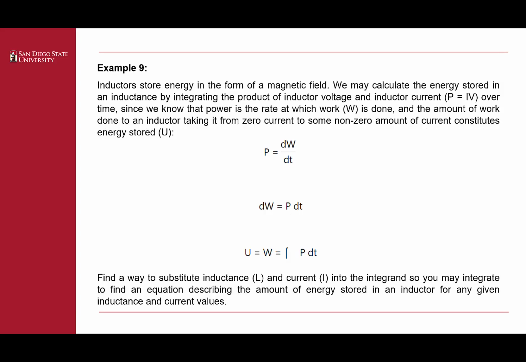Now in this integral, we will have u equals the integral of I times L times di dt times dt. So the two dt's, the one we already had here and the one we put on the denominator from the substitution, will cancel each other.